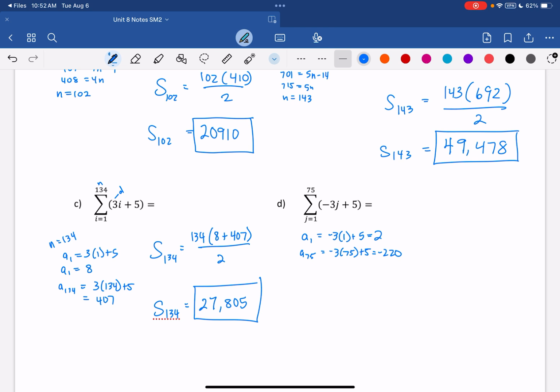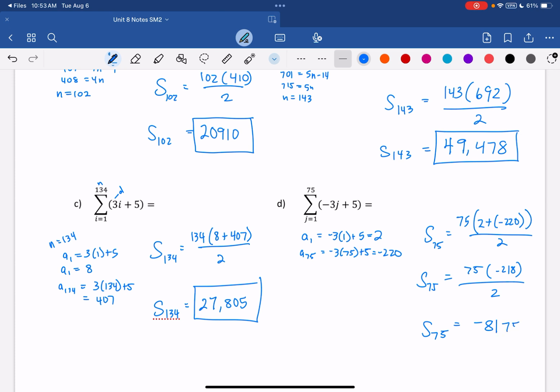So then the sum of this series is equal to 75 times 2 plus negative 220 divided by 2. So that is 75 times negative 218 divided by 2. So that sum is negative 8175.